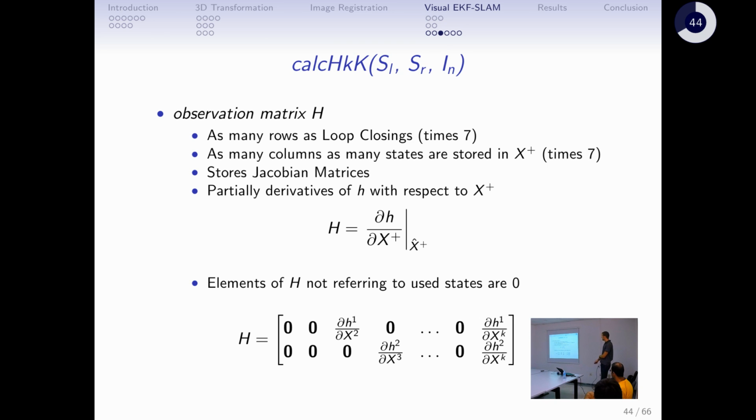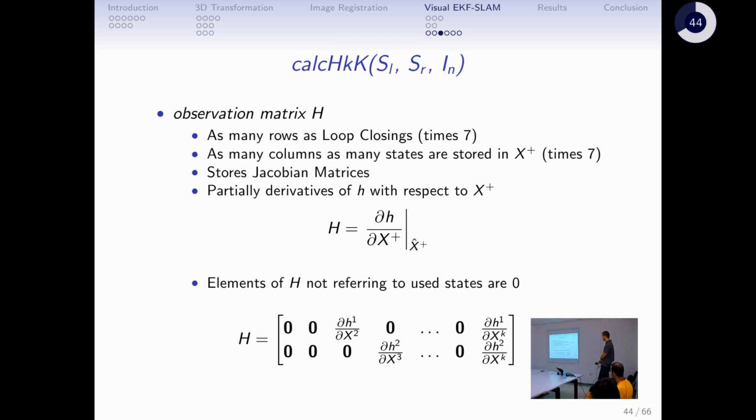The observation matrix capital H is storing the Jacobian matrices, and it's built like this. First of all, it has as many rows as loop closings times 7, and as many columns as states we are storing in our state vector, because we're building the partial derivatives of h with respect to our augmented state.